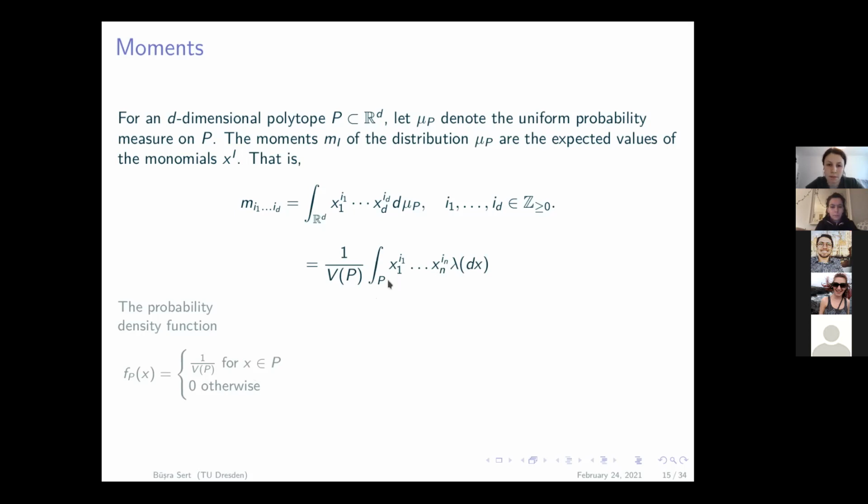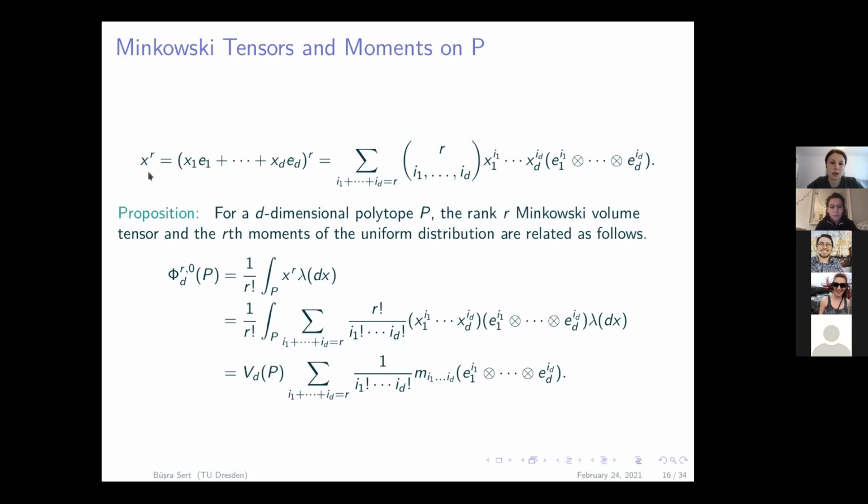So maybe you recognize that this expression looks a lot like the definition of volume tensors we had just before, and we will come back to the relation. We already showed how we see a rank R tensor, and we can also express a rank R tensor as a sum of monomials with multinomial coefficients.